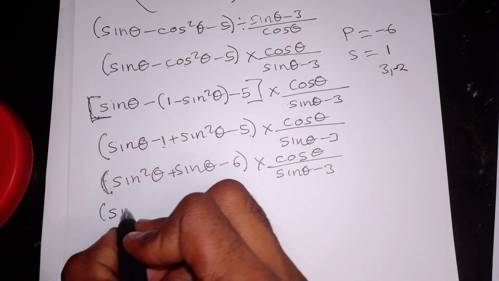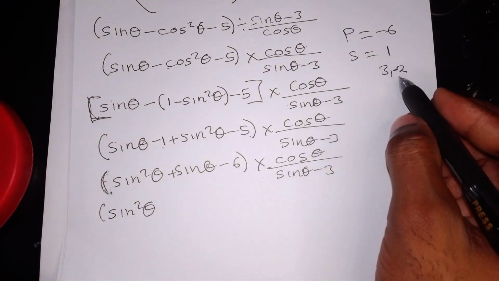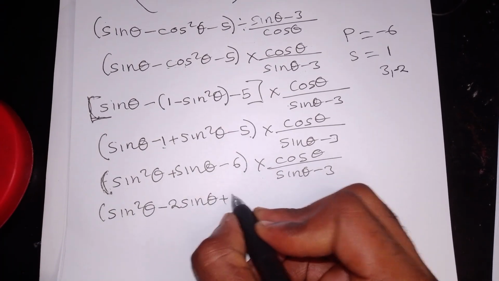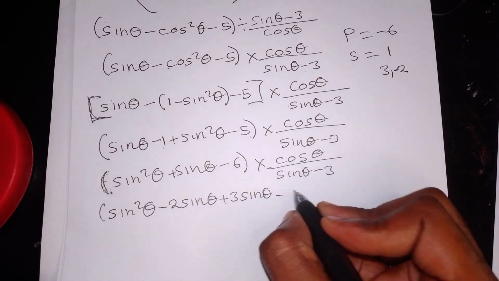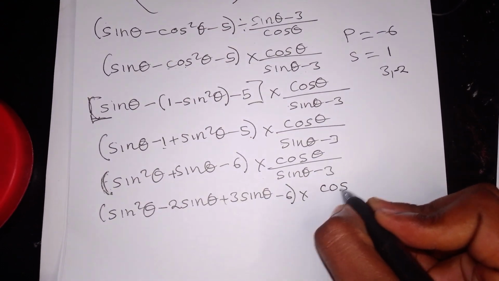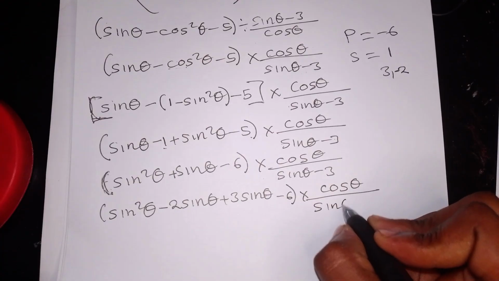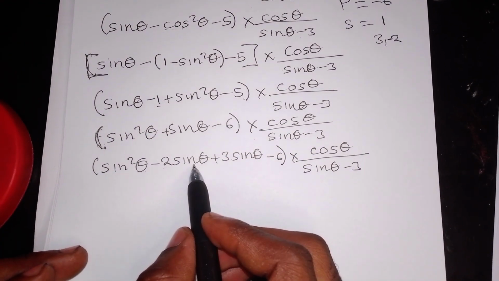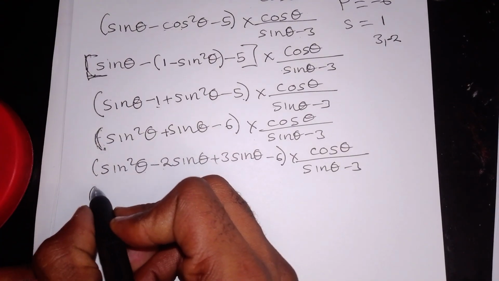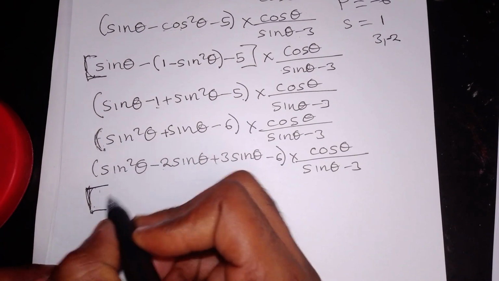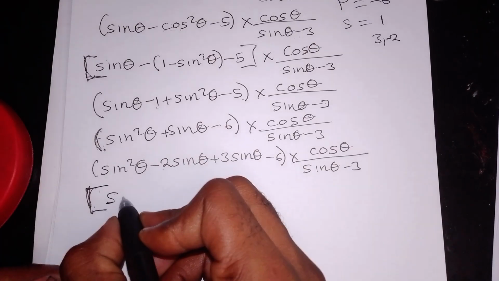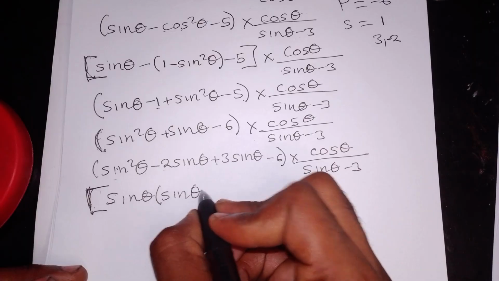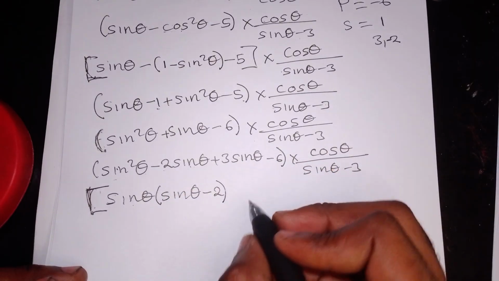So this will be sine squared theta. I'll start with minus 2 sine theta, and then plus 3 sine theta minus 6 multiplied by cos theta over sine theta minus 3. And then I can factor out sine theta here. So let me just use square brackets. So I can say sine theta out, sine theta there, we have sine theta, there we have minus 2.